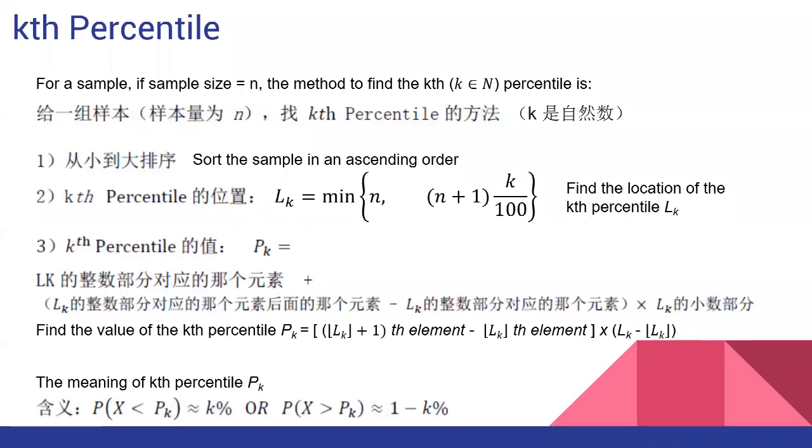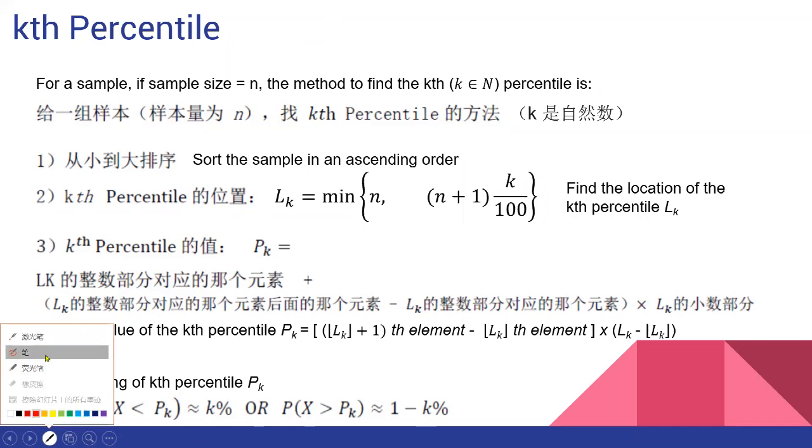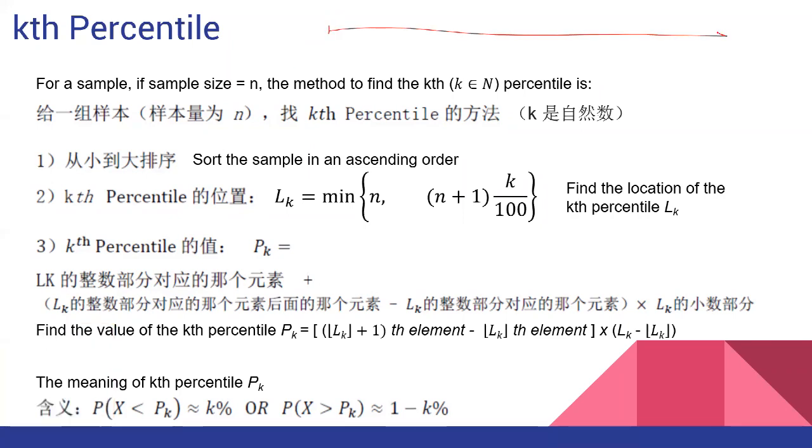Intuitively speaking, if we have a sample and we line all the samples up from the minimum value on the left to the maximum value on the right, the K percentile is a value where on the left-hand side there are k% of all the data, and on the right-hand side there are 100 minus k% of the data.